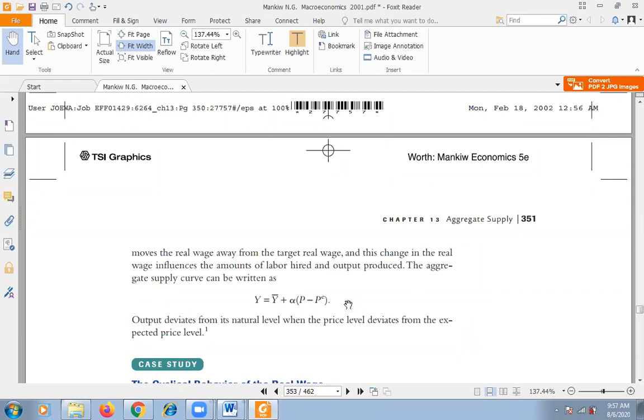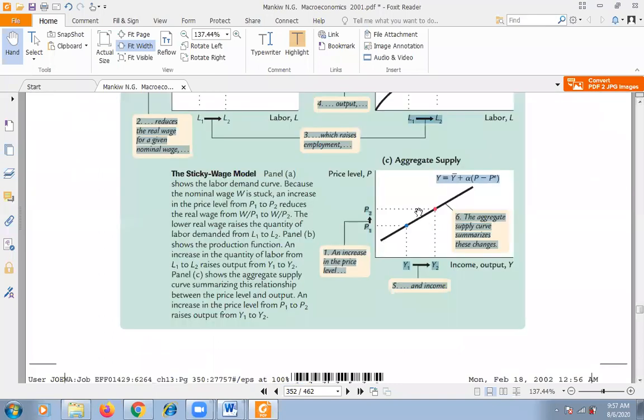So to summarize, under the sticky wage model, the aggregate supply curve is positively sloped. Under the flexible price model, the aggregate supply curve is horizontal in the short run.